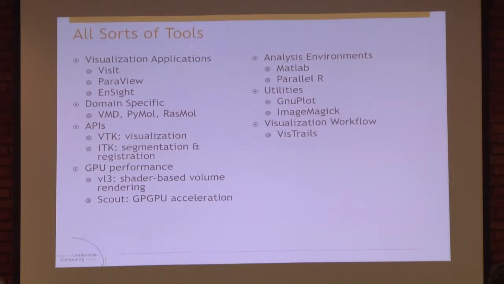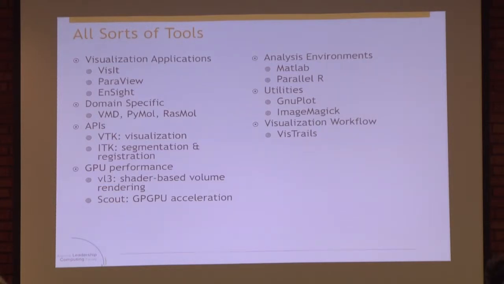These are just an example of a few. VMD, PyMol, and RasMol are all molecular dynamics type visualization tools. There are different APIs: VTK, the visualization toolkit, used for visualization, and ITK, the related library for doing segmentation and registration.